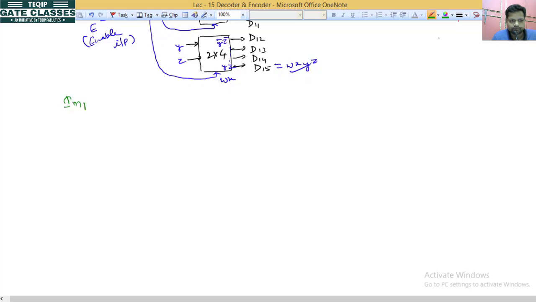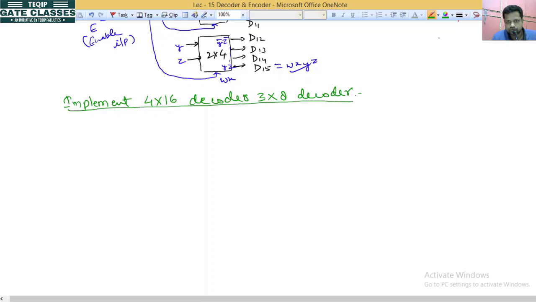Implement 4x16 decoder, but this time we have 3x8 decoders. So if we go with 3x8 decoder, you just divide this 16 with this 8. So how do we get? That is 2.